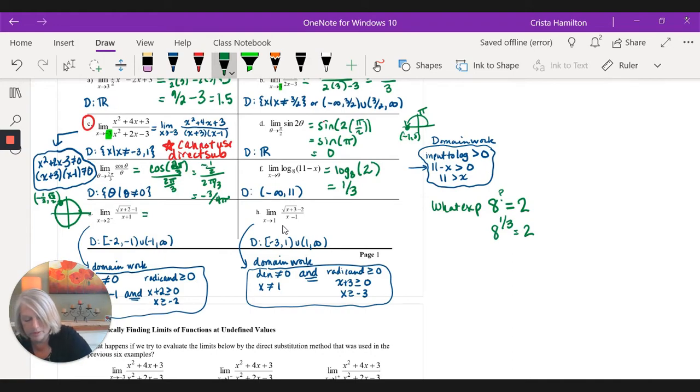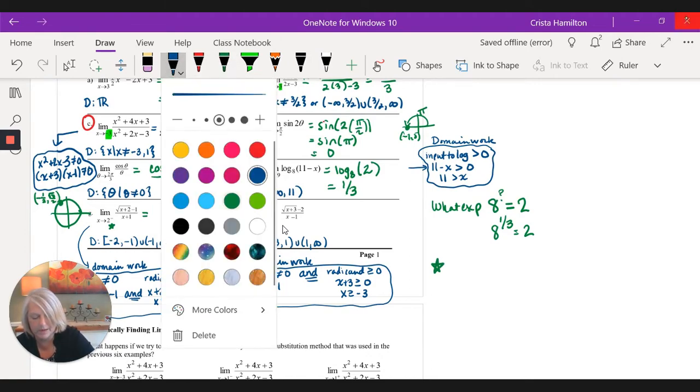So in this one, the 2 from the left actually doesn't matter because remember, we'll put a little star by that and I'll come out here. Maybe I'll change colors to something brighter. Let's do hot pink.